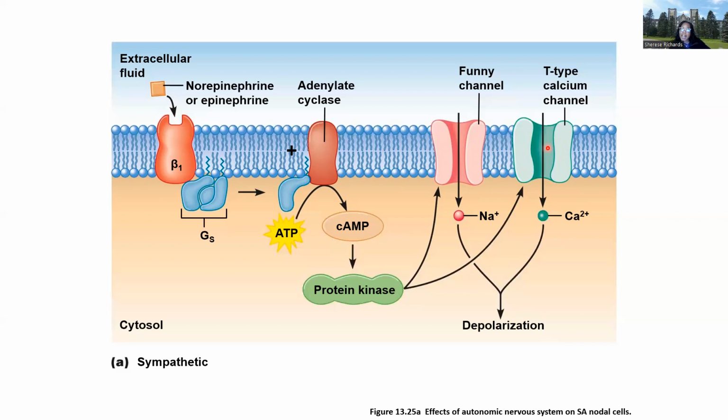So if we have these events coupled to the binding of norepinephrine to this beta-1 receptor, and we can increase the rate of that, we can increase the rate of pacemaker potentials firing their action potentials, and this results in increasing the heart rate. All right, so this is just reviewing the underlying mechanism of why the sympathetic nervous system increases the heart rate.